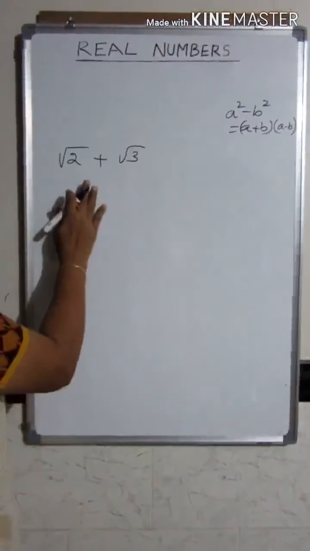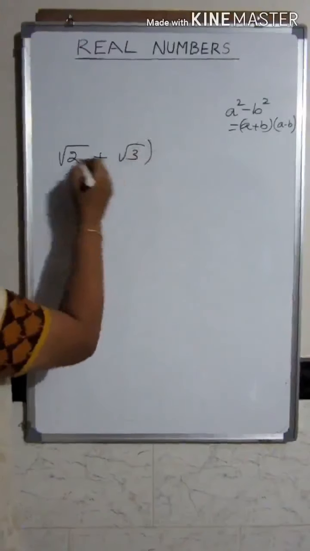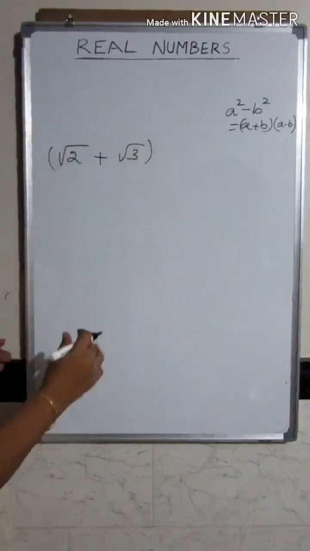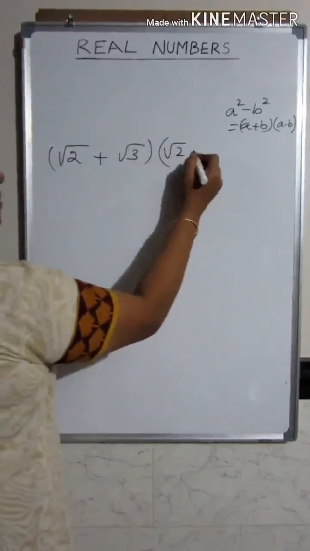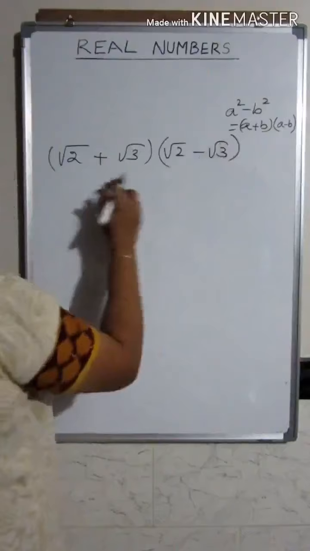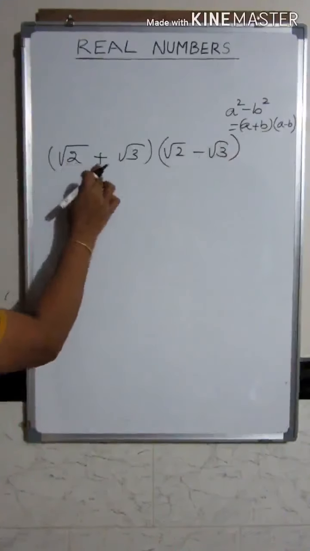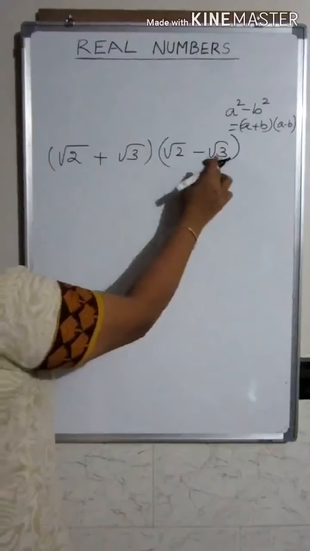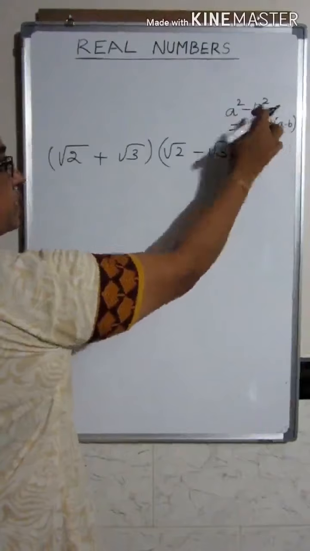The rationalizing factor is the term that has to be multiplied to this to get a rational number. When you see the product of these two binomial quadratic surds, it is in the form of a plus b into a minus b, which is written as a square minus b square.